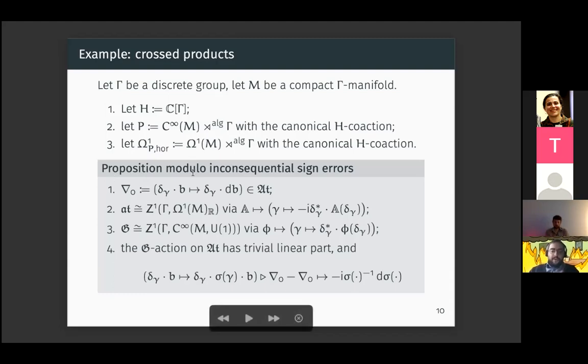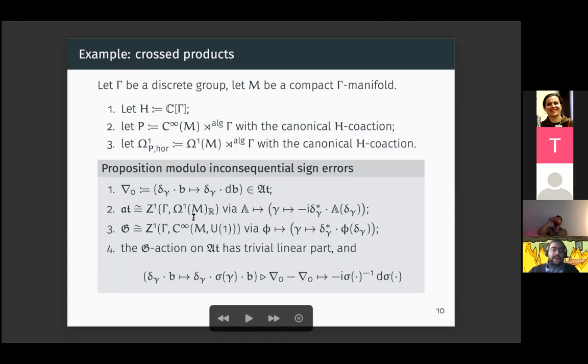There's a canonical gauge potential, which is the silly thing. You basically form the obvious extension of the derivative on the base, and that gives you an honest gauge potential. But what's really interesting is when you look at the relative gauge potentials and the gauge groups: the relative gauge potentials are literally one cocycles on gamma with coefficients in the real one forms on M. And there's an explicit map with an explicit inverse.